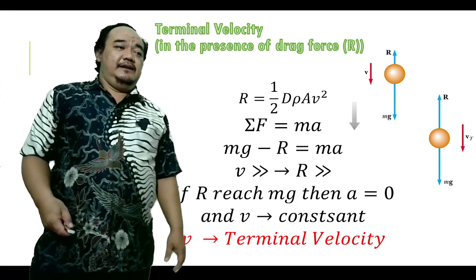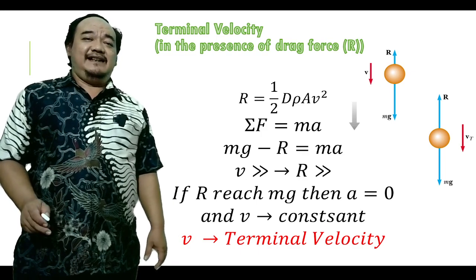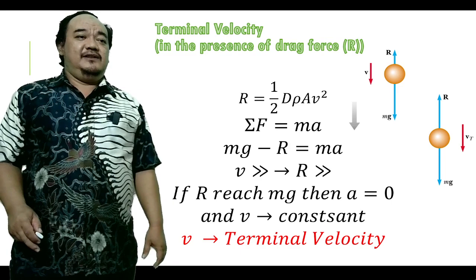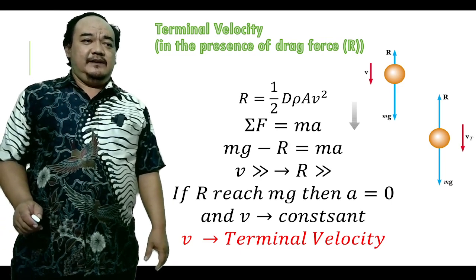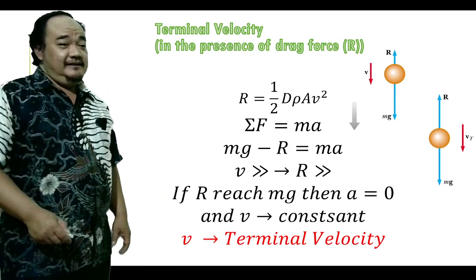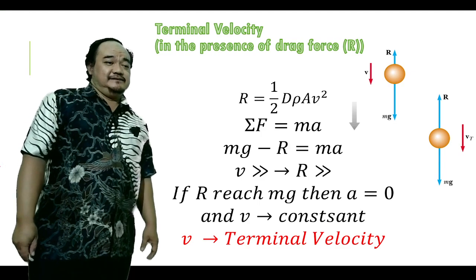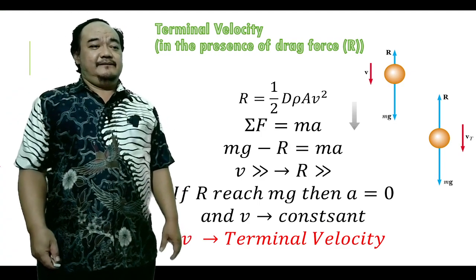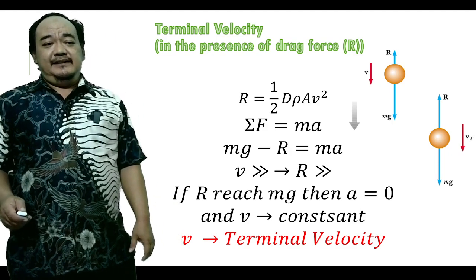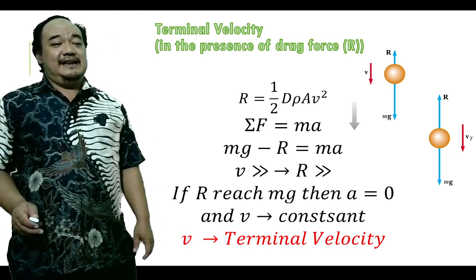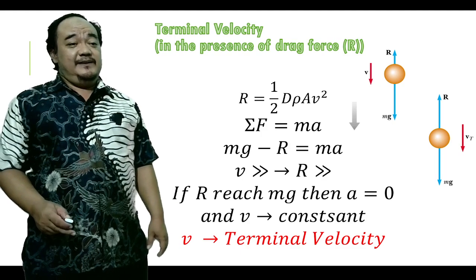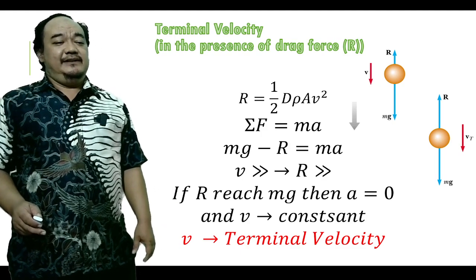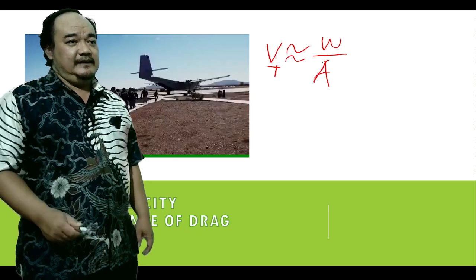So all the objects or skydiver when jumping to the ground from the plane, although the skydiver does not use the parachute, still reaches the terminal velocity or constant velocity. But the velocity is still dangerous when the skydiver hits the ground.